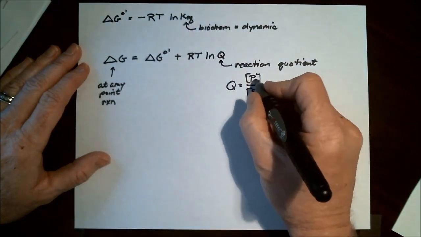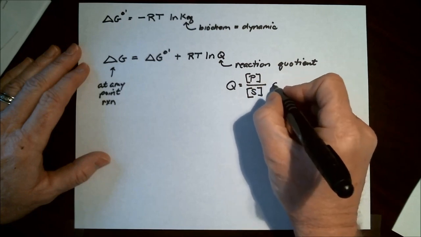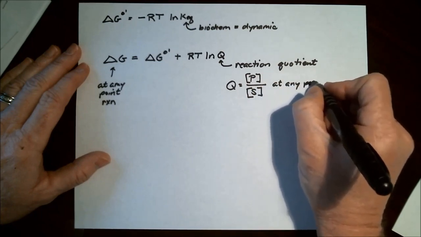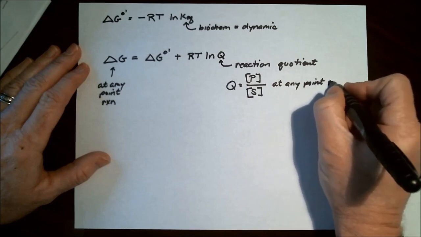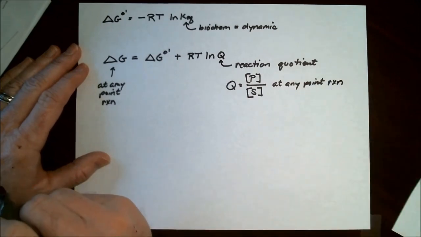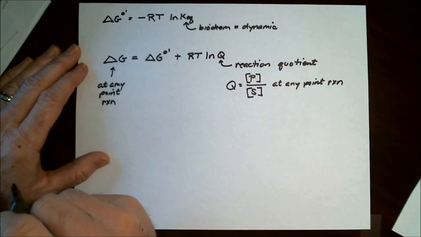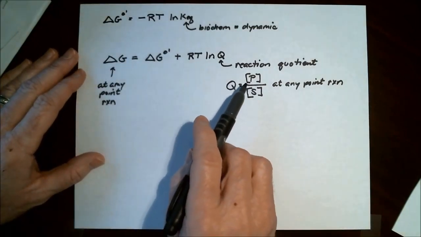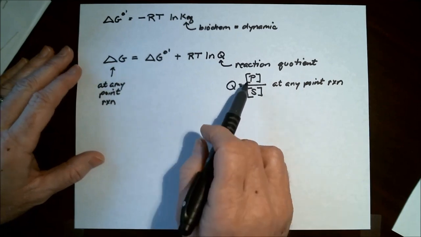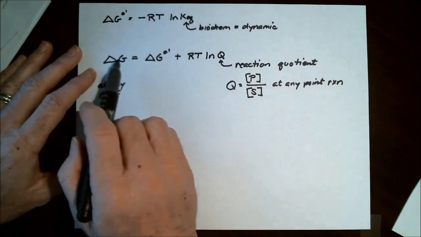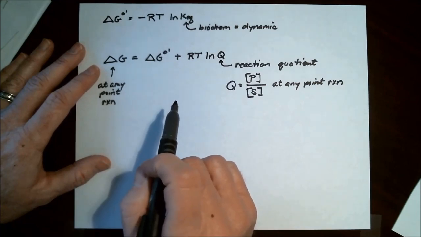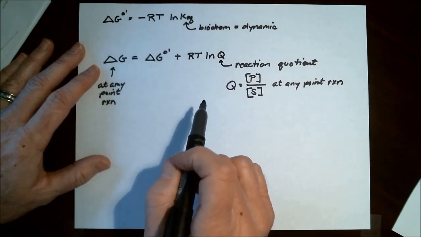This is the concentration of product over substrate at any point during the reaction sequence. So what this essentially means is that if we know the product or substrate concentration at any time during the reaction, we can calculate the delta G and determine if the reaction is going to move forward or backwards.